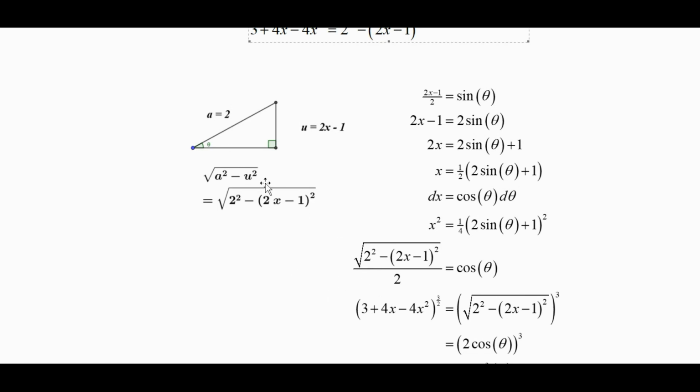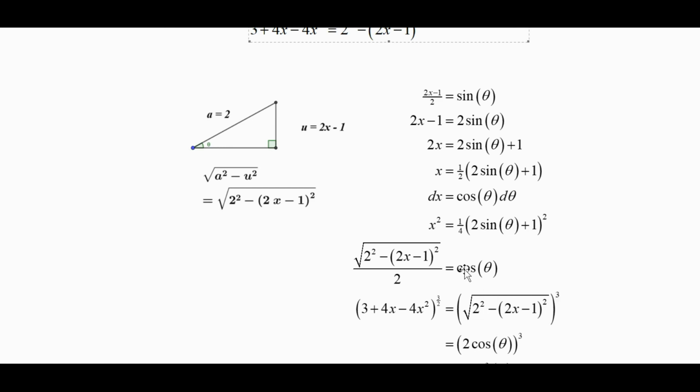That square root of this thing here over the 2 is the cosine of this angle, adjacent over hypotenuse. So multiply both sides by 2, and you get 2 cosine theta is the square root. So the 3 plus 4x minus 4x squared to the 3 halves is the square root of 2 squared minus 2x minus 1 squared, to the third power.